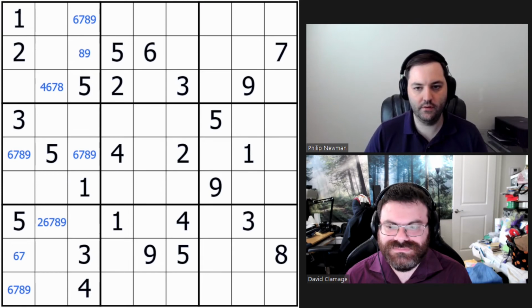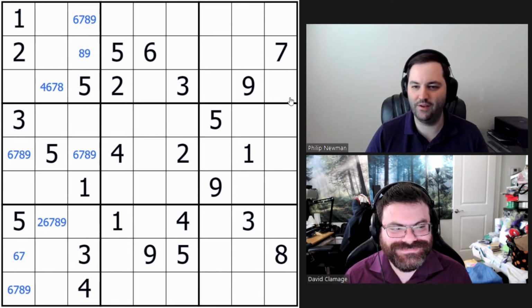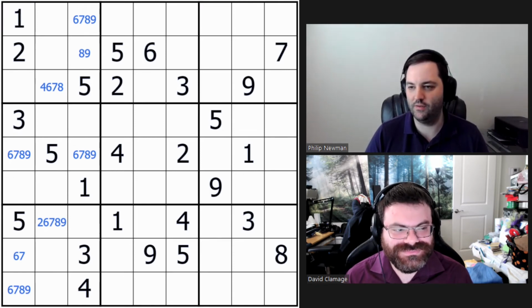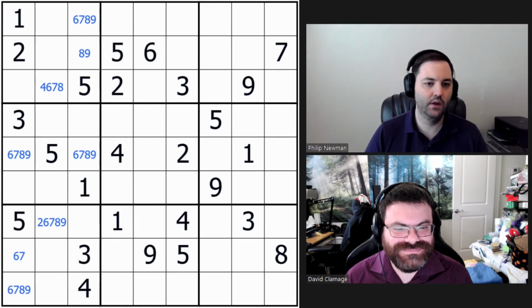The reason double junior Exocets are special is they give just a ton of eliminations. Easily the Sudoku technique that has the most eliminations. I think this one has like 49 eliminations. It's a ton. MSLS set, maybe 20 something. Maybe 30 something if you're really pushing.